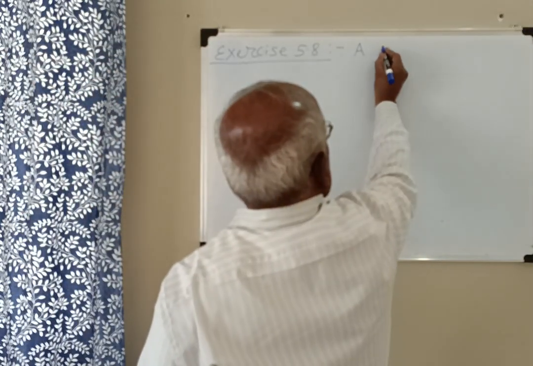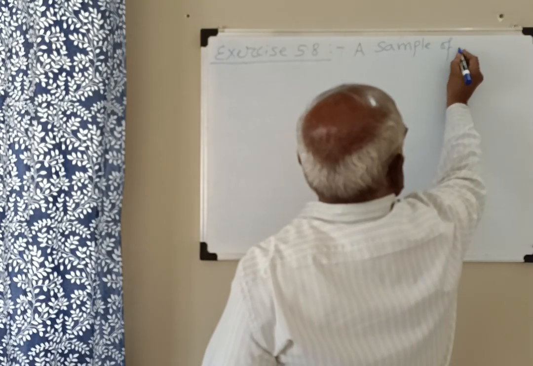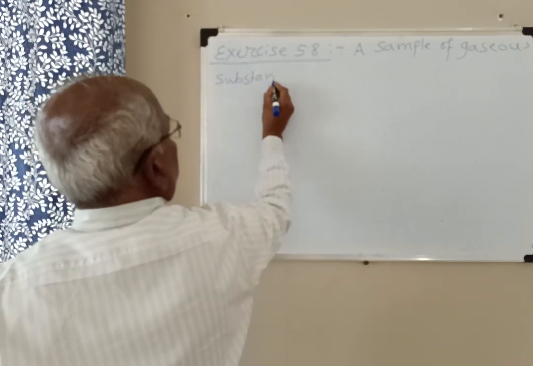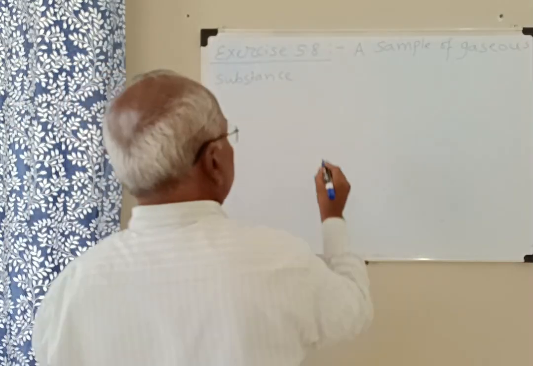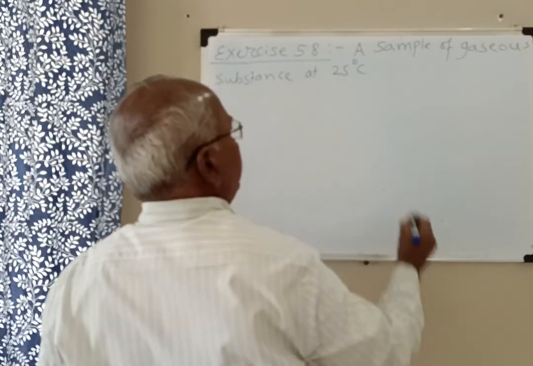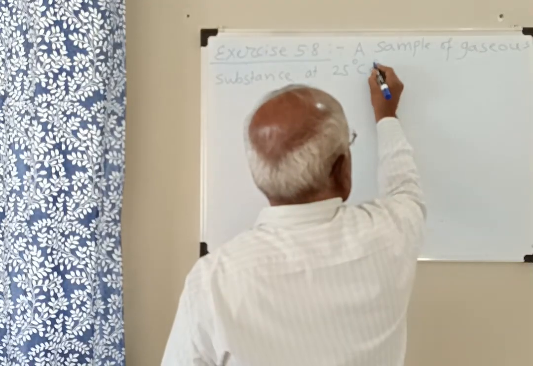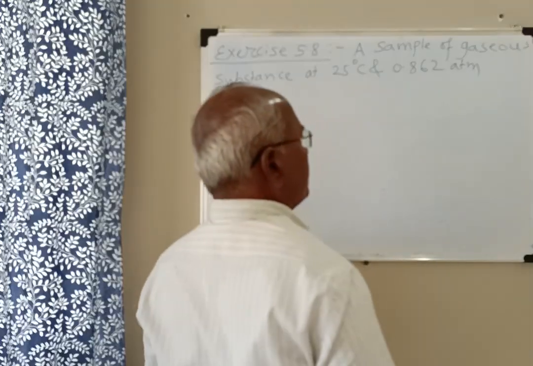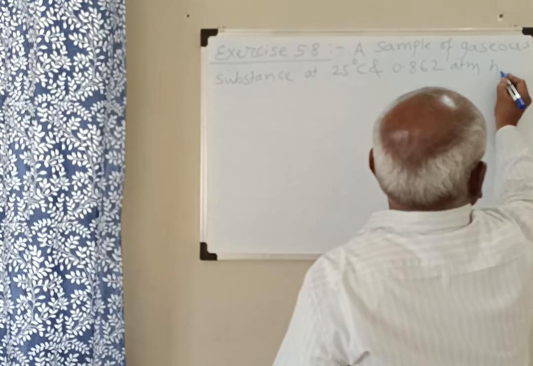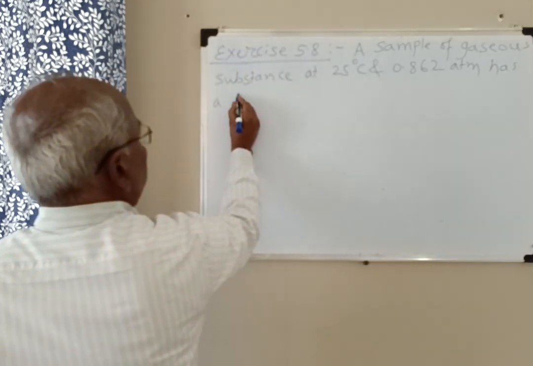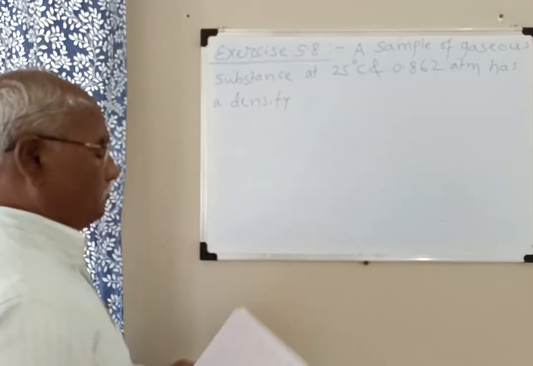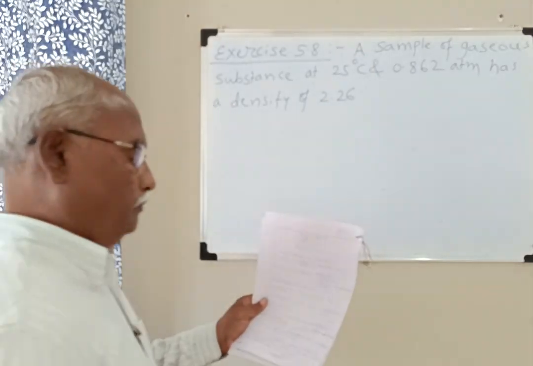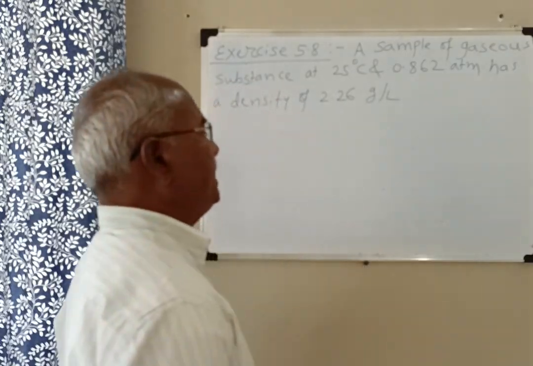I write the problem. A sample of gaseous substance at 25 degrees centigrade and 0.862 atmosphere has a density of 2.26 gram per liter.